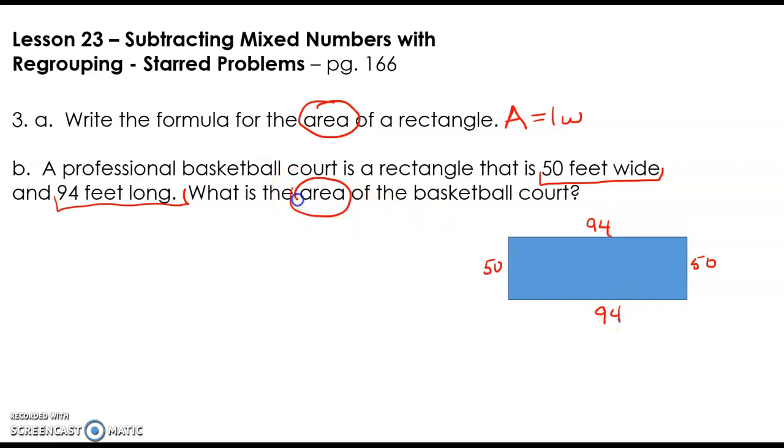What is the area of the basketball court? Using this formula, I have 50 times 94, which is 4,700. This is feet? Yep, feet squared.